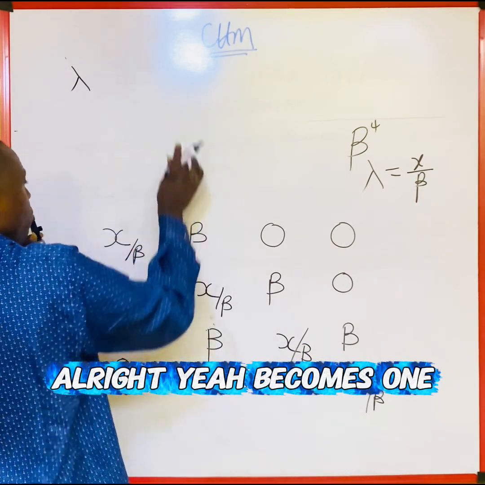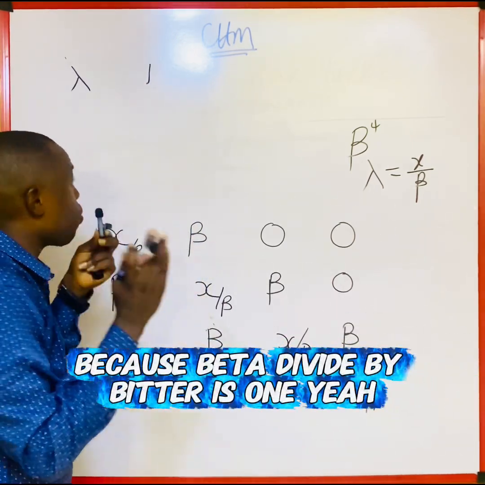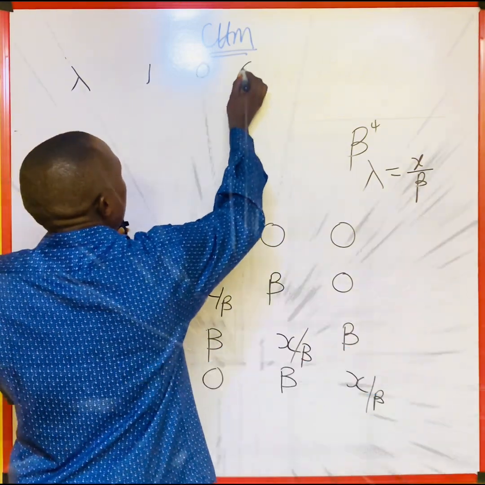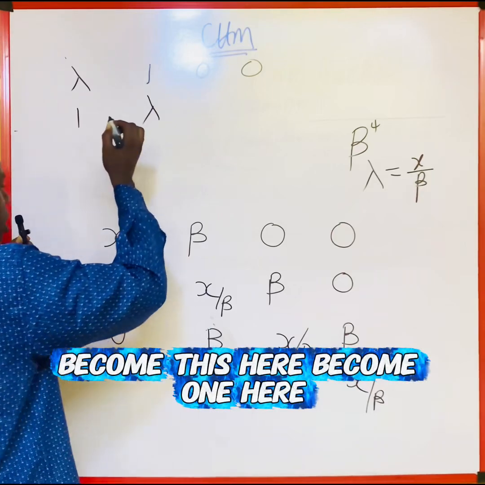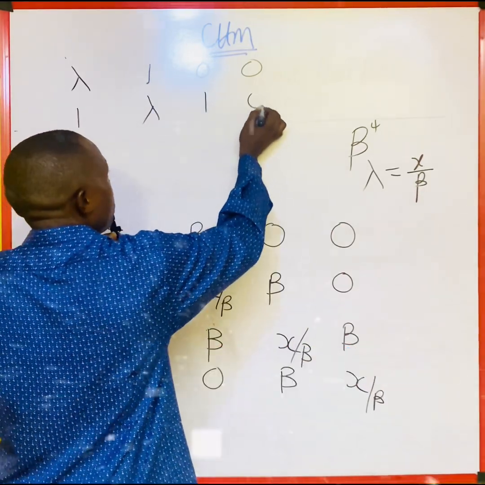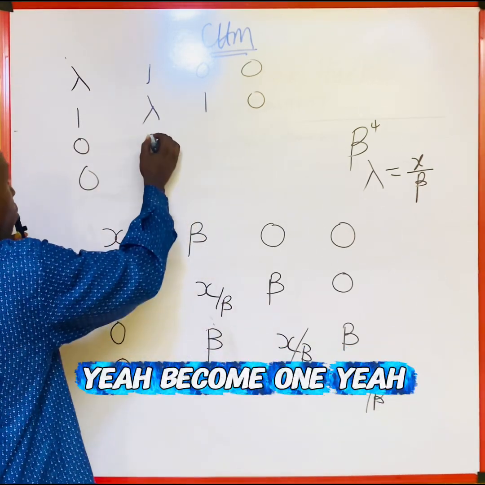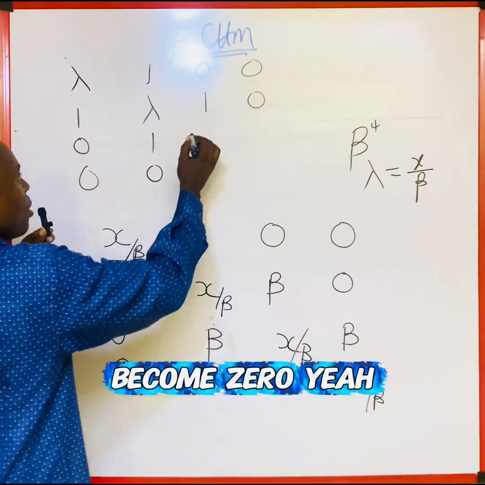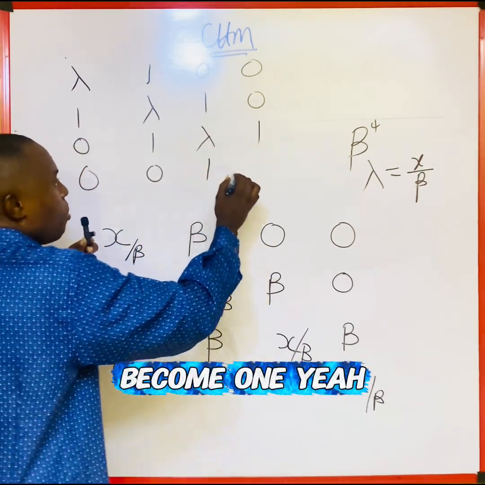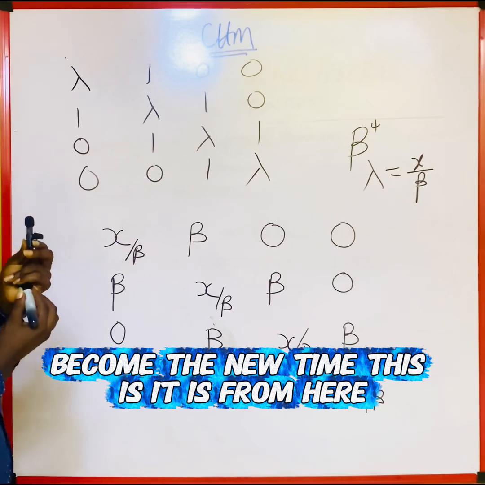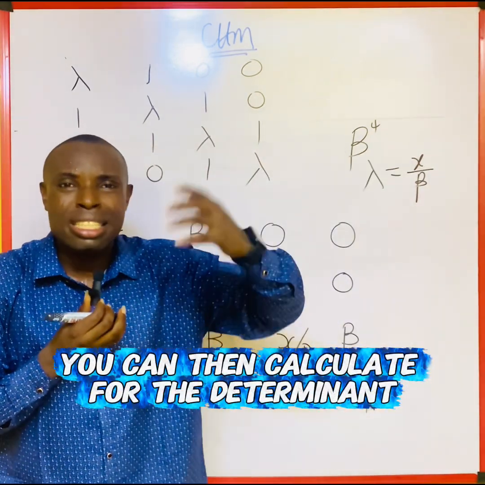Here becomes 1, because beta divided by beta is 1. Here becomes 0. Here becomes 0. Here becomes 1. Here becomes this. Here becomes 1. Here becomes 0. Here becomes 0, 0. Here becomes 1. Here becomes 0. Here becomes the new term. Here becomes 1. Here becomes 1. Here becomes the new term. It is from here you can then calculate the determinant.